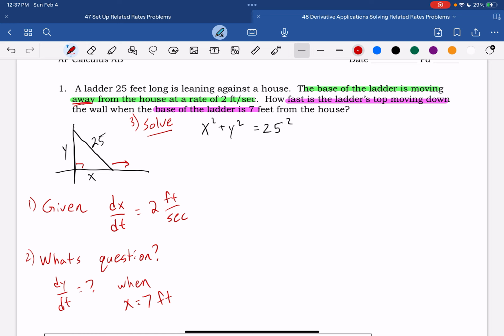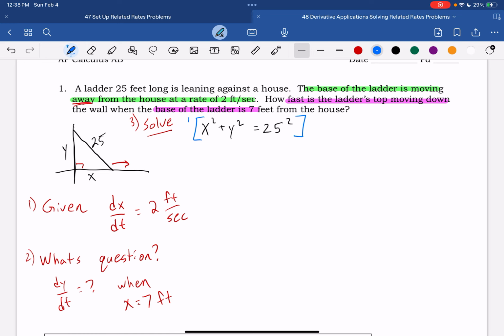In order to solve for that, we need to take that relationship and differentiate it with respect to time. Nowhere in there do we see rates. We know that we're given a dx/dt, but that's not in our relationship. We're trying to solve for dy/dt, also not in our relationship.